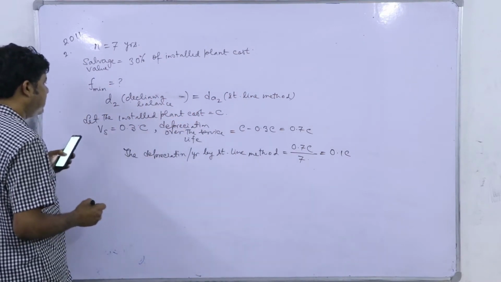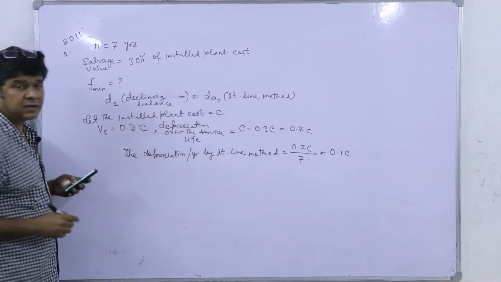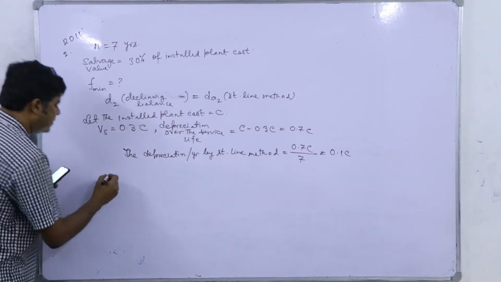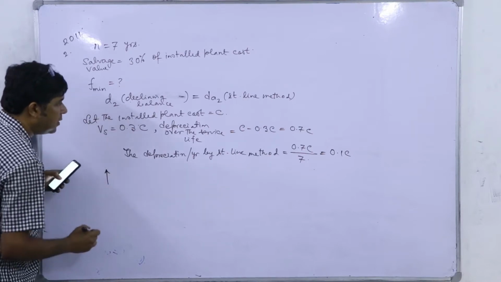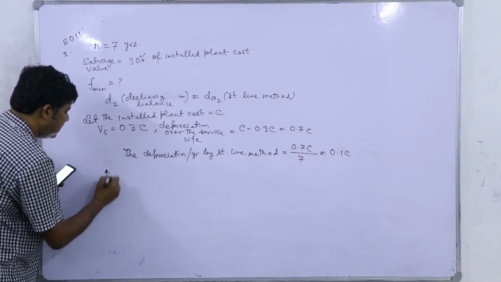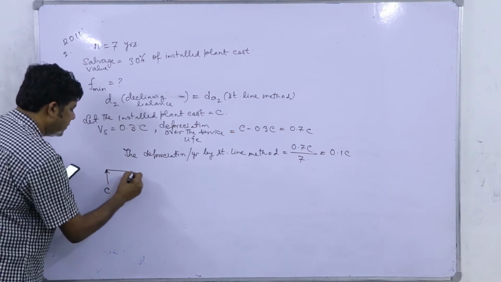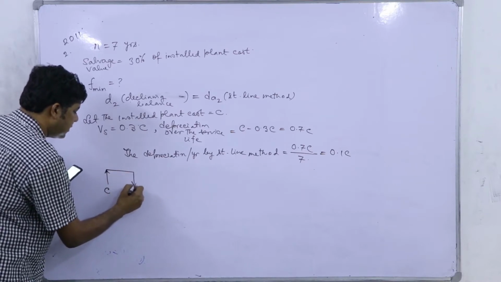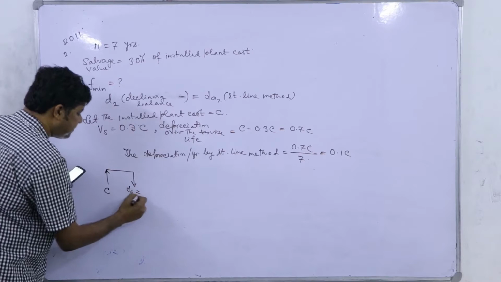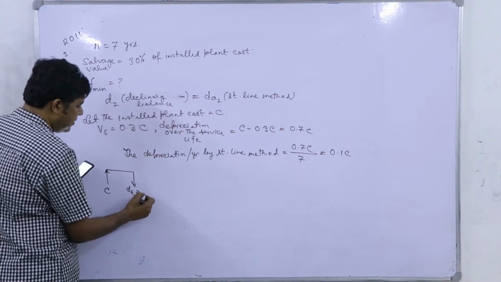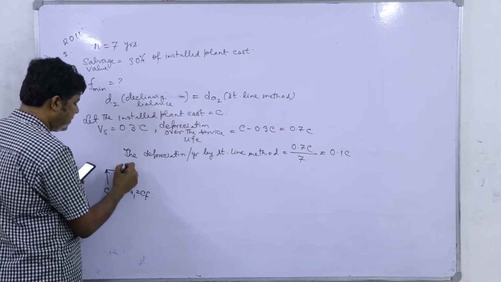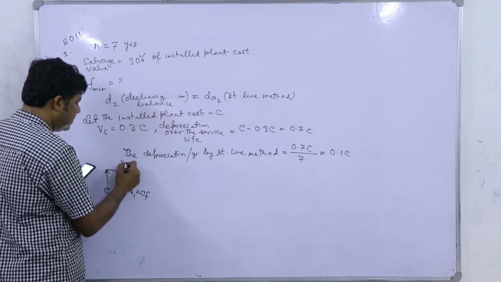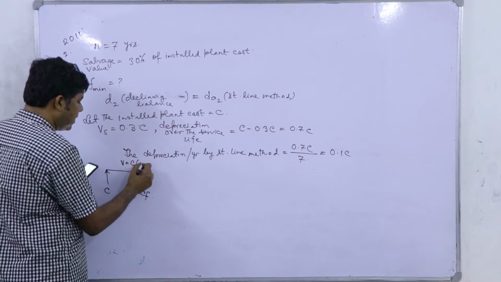Now, the depreciation in the second year by fixed percentage method. We have C in the beginning of year 0. Now, depreciation DA1 will be equal to C into F. So, its asset value is C into (1 minus F).